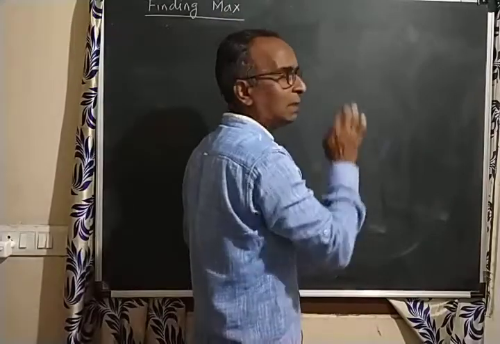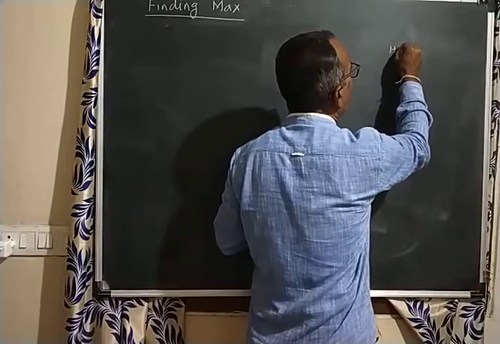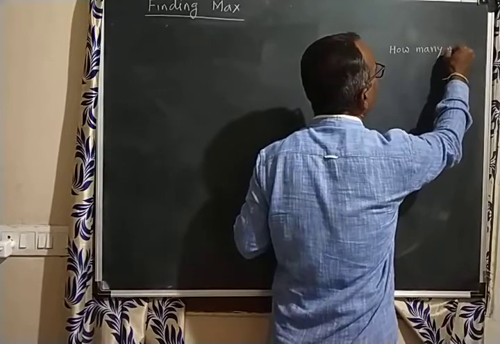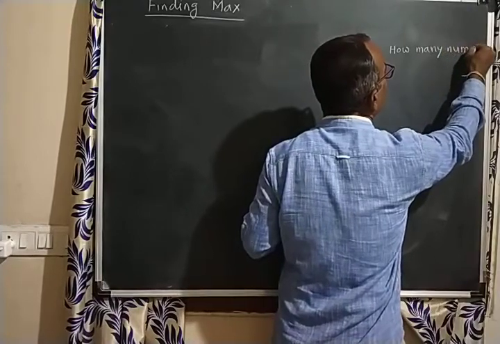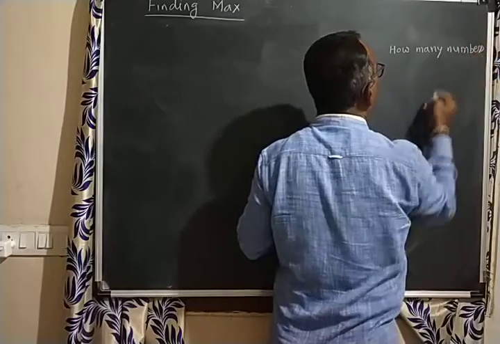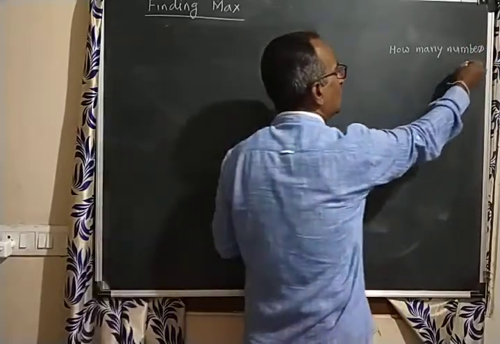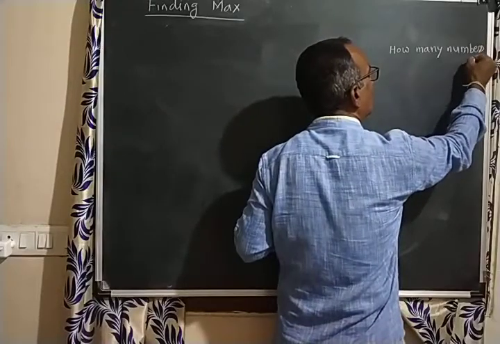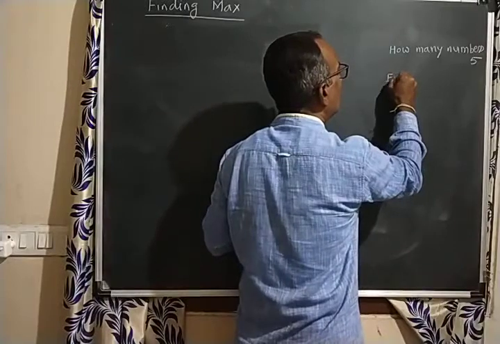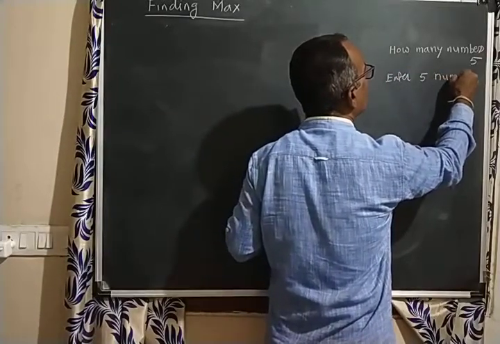So what exactly am I expecting as output? It asks how many numbers are in the list, and I am reading that. Suppose the input given is 5, then it says enter 5 numbers.